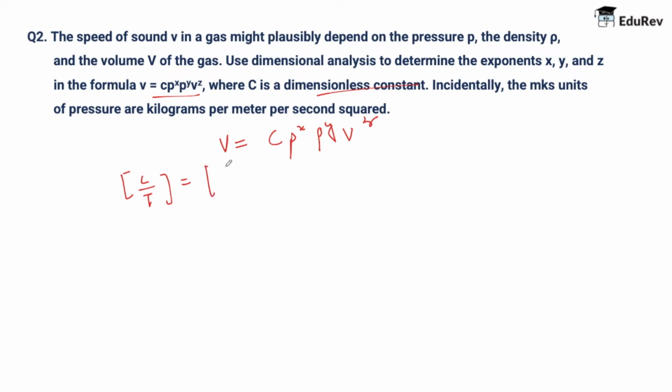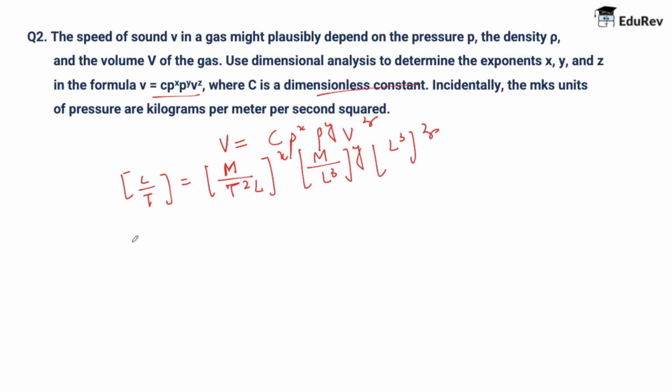Of P is going to be M by T square L, to the power x. Then for rho it is M by L cube, to the power y, and for volume it is L cube, to the power z.